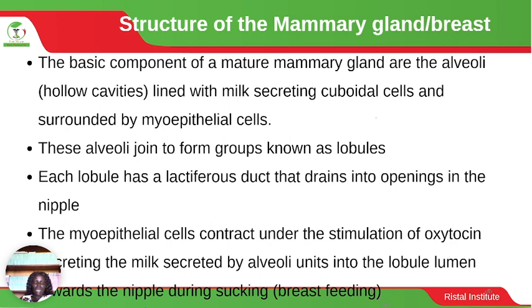Each lobule has a lactiferous duct that drains into openings in the nipple, as we saw in the structure above. The myoepithelial cells contract under the stimulation of oxytocin, excreting the milk secreted by alveoli into the lobule lumen towards the nipple during sucking or breastfeeding.